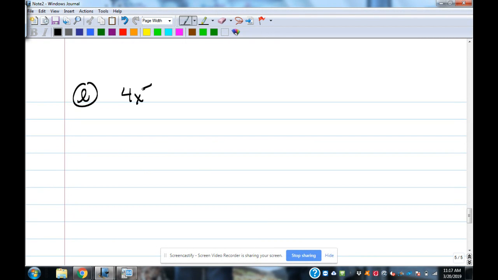You had 4x to the 5th minus 20x cubed plus 36x, and it's equal to negative 20x cubed. Not negative 20x, positive 20x cubed, sorry. What can you do with that?